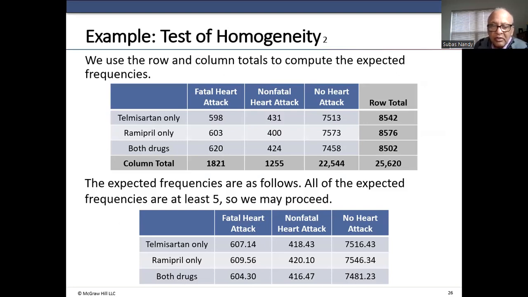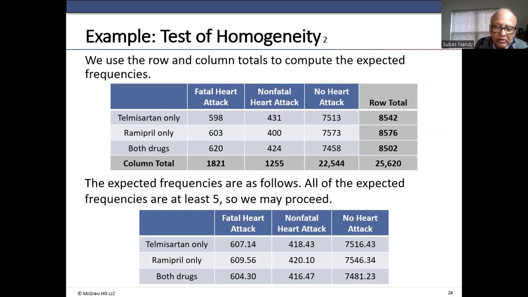And now we enter the data for the expected counts, starting with the first row, 607.14, 418.43, 7516.43, then 609.56, 420.10, 7546.34, then 604.30, 415.47, and 7481.23. So that's the expected counts all entered in matrix B.